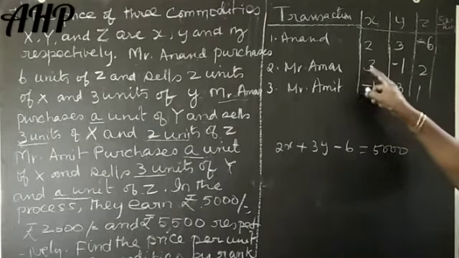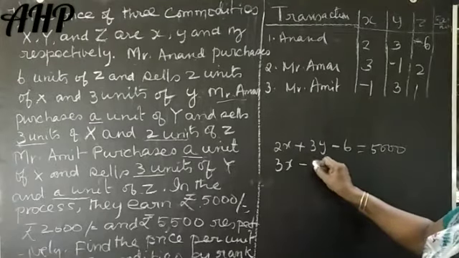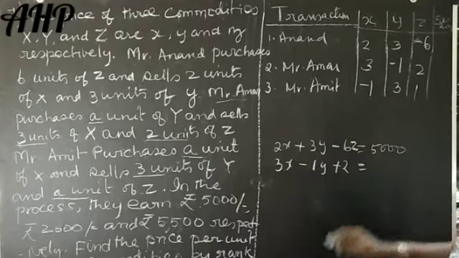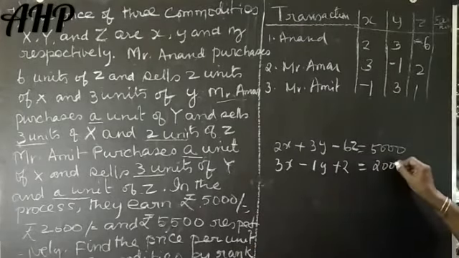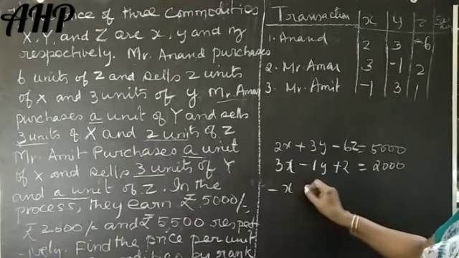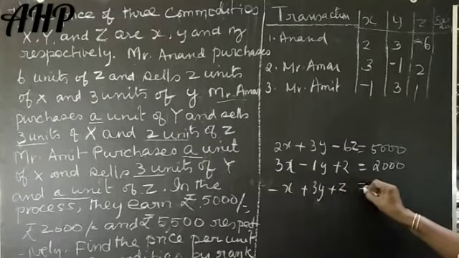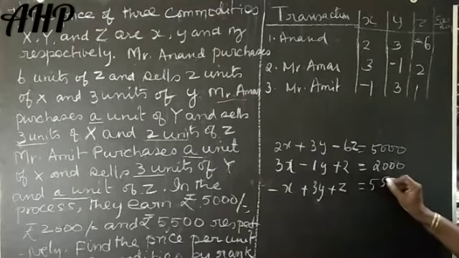So the second equation we get is 3X minus 1y plus 2z is equal to 2000 rupees. Then third equation, minus x plus 3y plus 1z is equal to 5500.